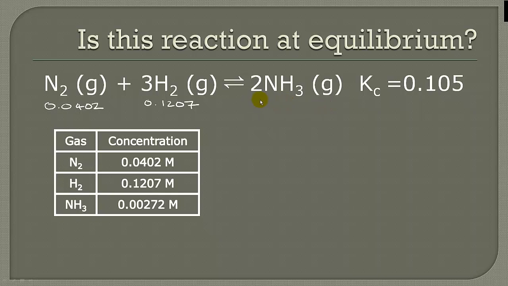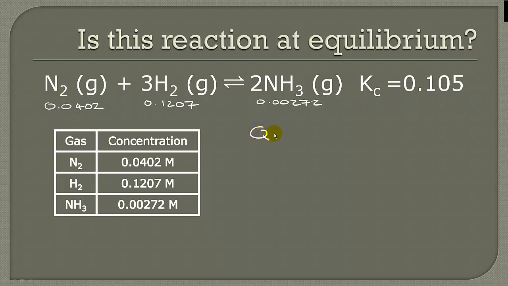And then the NH3 concentration is 0.00272. This helps me avoid some mix-ups that usually happen when you just try to read the numbers out of the problem. And those mix-ups are really just a transposition of the numbers for the different substances, the reactants and the products.